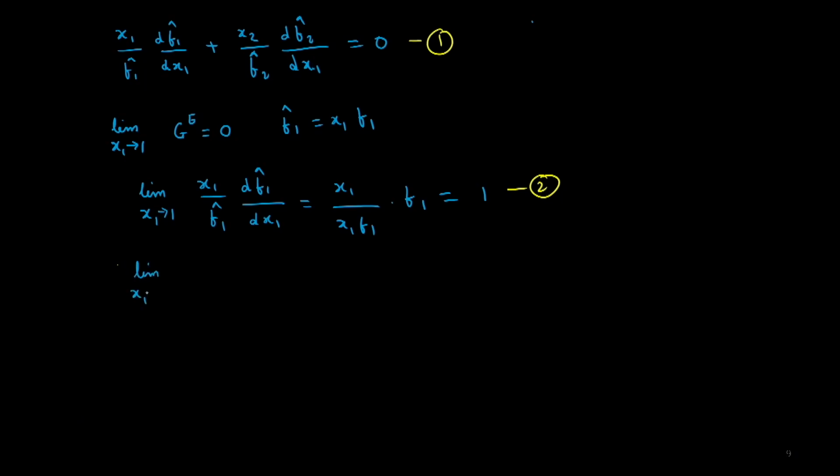So in the limit as x1 goes to 1, x2 will go to 0. At this limit, x2 over f2 hat d f2 hat over dx2, and the first term at this limit is 1, so 1 plus this should equal 0.